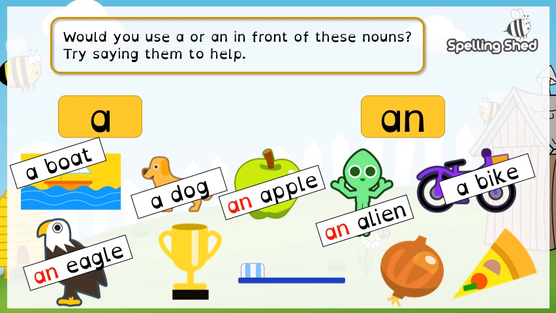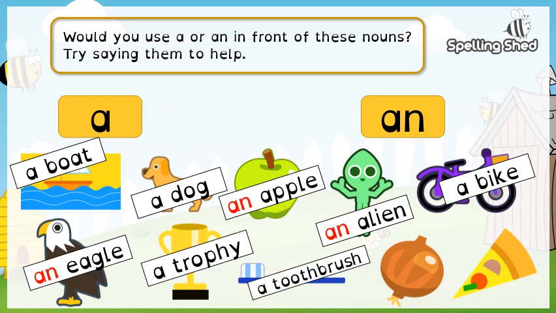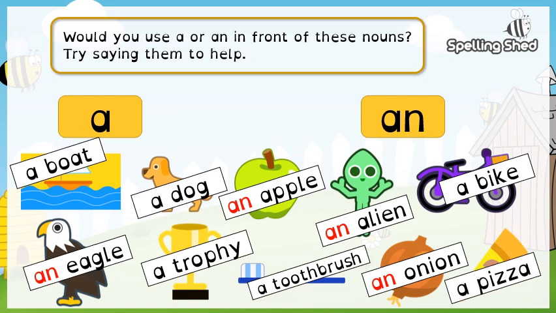That's going to need an A. A trophy. And toothbrush, a toothbrush. Next is an onion. Now onion has a vowel sound. I'm going to need my an again. An onion. Lastly, pizza. Pizza has a P sound. That is a consonant. A pizza.